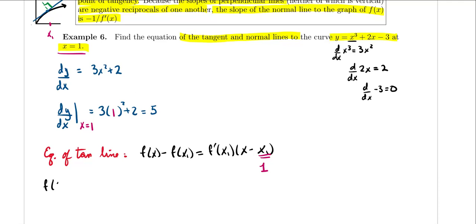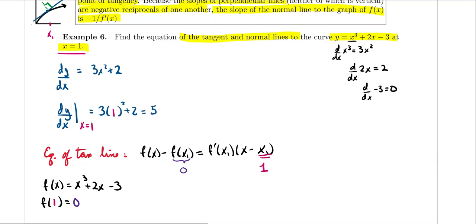All right, so what is f of x1? So if we know that the original function was x cubed plus 2x minus 3, let's see, what is f of 1? If we plug in 1 here, we would be getting a 1 cubed. So 1 plus 2 times 1 is 2, so 1 plus 2 is 3. Minus 3 gives us a 0. Okay, so it looks like f of x1 is just going to be a 0.